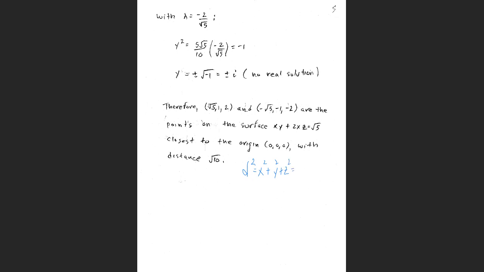Whether you have this coordinate or this coordinate, if you substitute it in here, you're going to get 10. You're going to get 5 plus 1 plus 4. And the square root then is square root of 10.